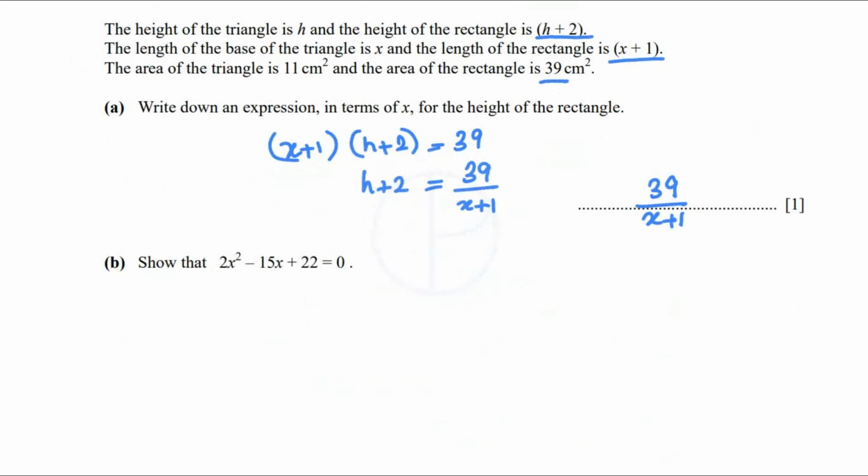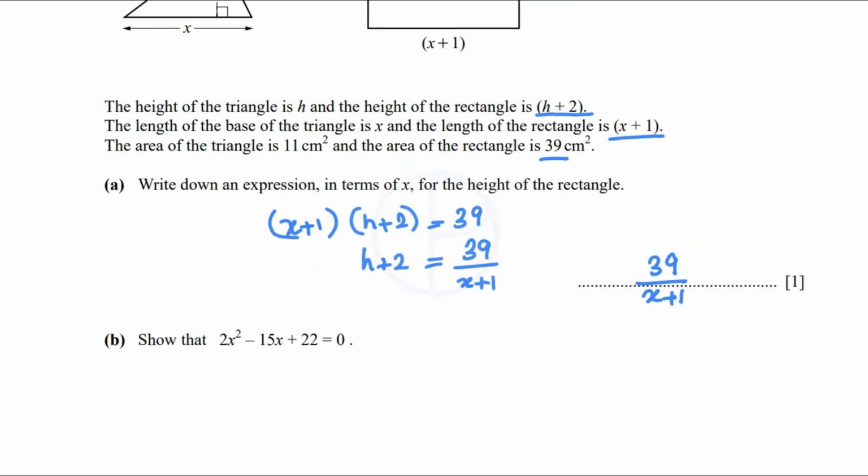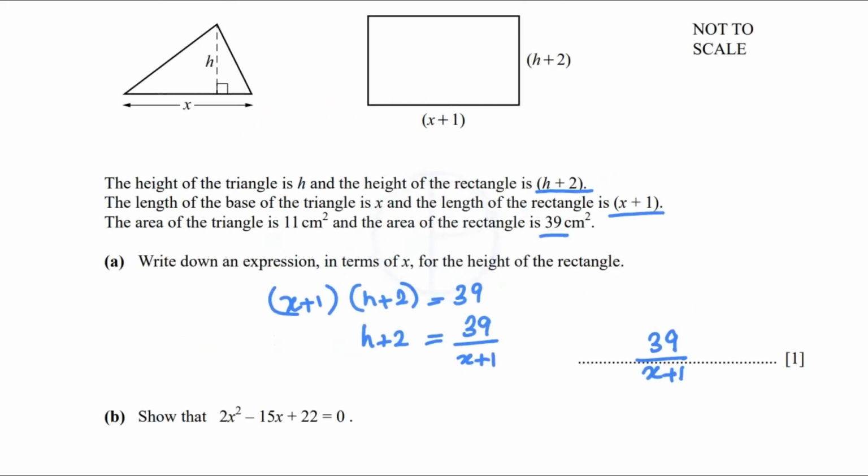Show that 2x square minus 15x plus 22 is equal to 0. So this expression has only the x term. There is no h term. So let's find out what h is and equate it. For the triangle, the height is h and the base is x.